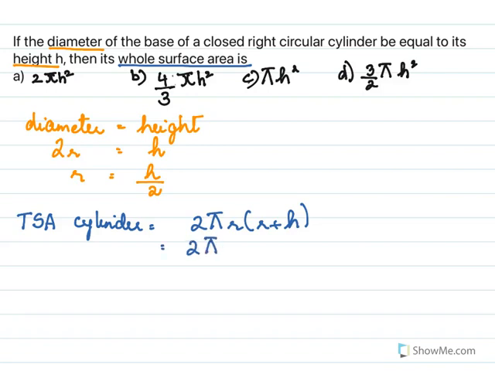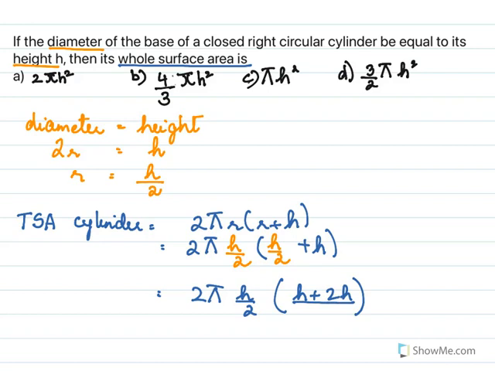We know r is h by 2, so for r, I'll put h by 2, and again in the bracket for r, I will put h by 2, and this is plus h. Now I need to solve this. 2 pi h by 2, take the LCM, 2h by 2. So this is 2 pi h by 2 times 3h by 2, and your answer here comes 3 pi h square over 2.